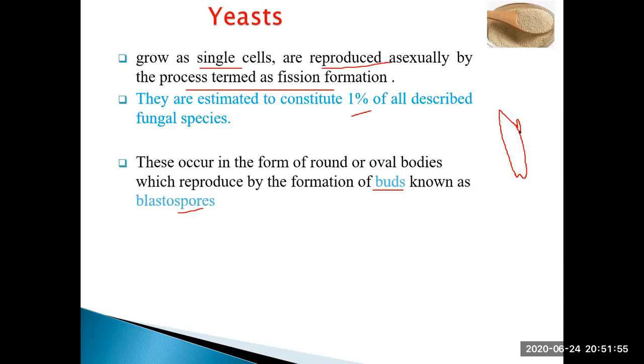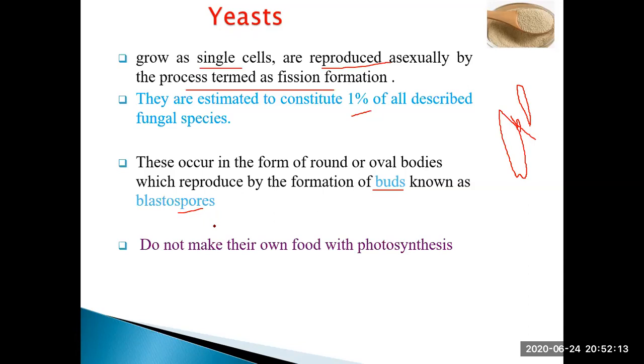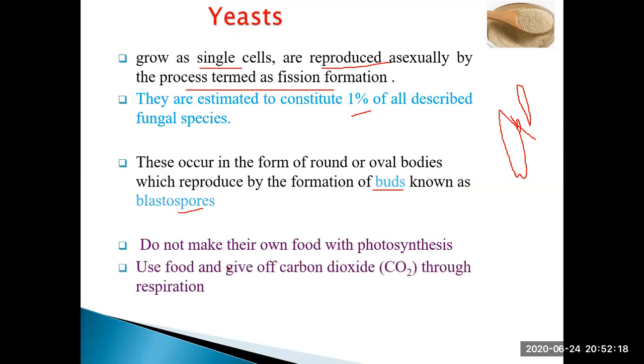Whenever it's mature enough, it will be divided from the mother cell and become another mature organism. But whenever it is attached to the mother, it's called a bud. These buds contain spores called blastospores, and yeast cannot make its own food with photosynthesis, but it can use starch or polysaccharide to give off carbon dioxide and produce alcohol through the respiration process.